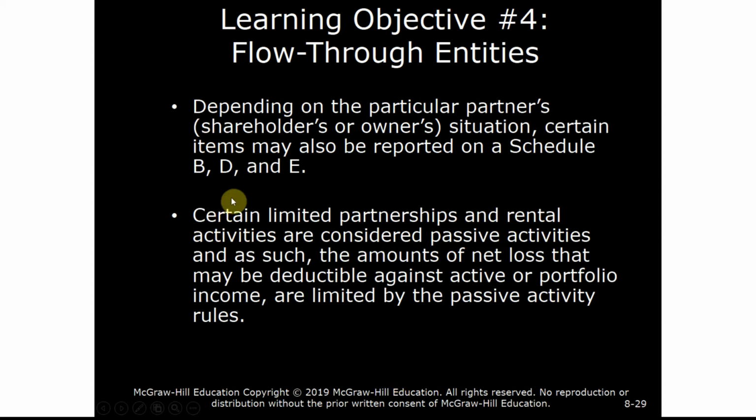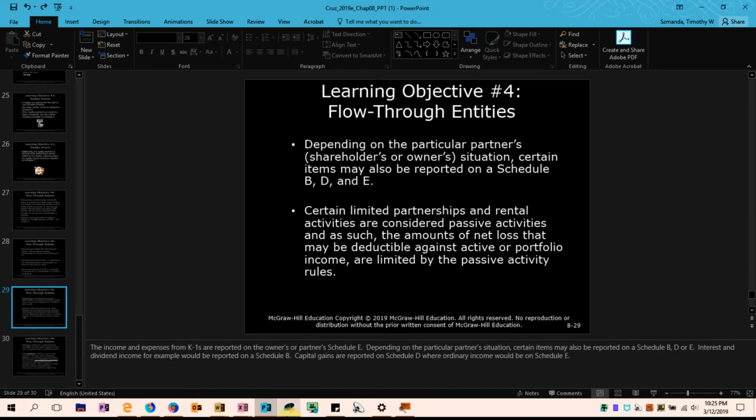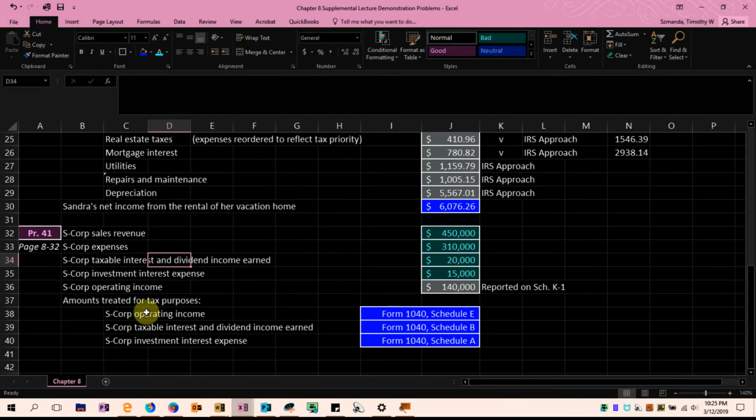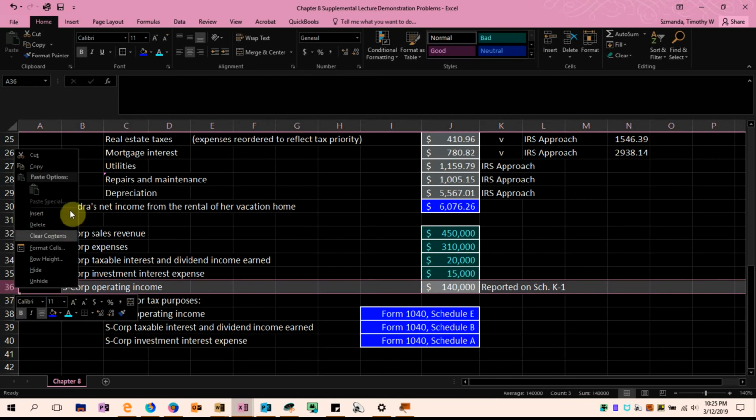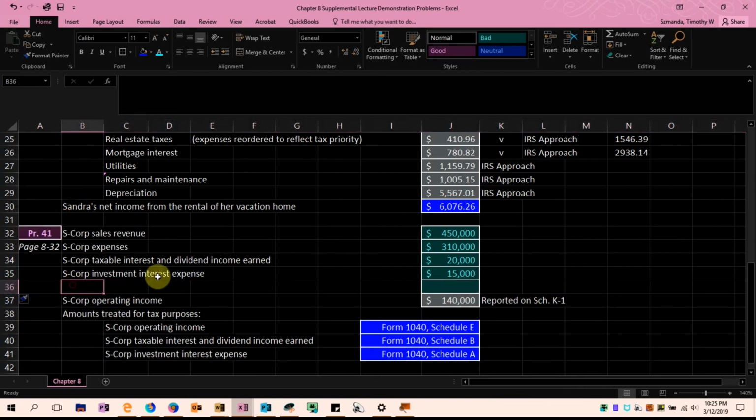And I went through an example. I didn't talk about Schedule D, but capital gains and losses would be reported on Schedule D. So in our earlier example, had we had any capital gains and losses, I could insert, for example, let's say we had a long-term capital gain by the S Corp of 20,000. Let's make that 50,000.